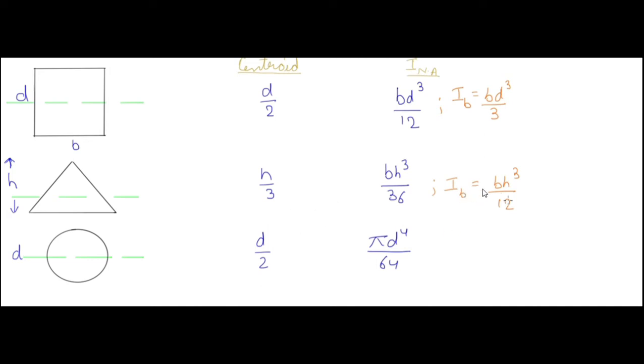Then we have the circular cross section. For a circular cross section, the centroid is at D by 2, in the middle. The neutral axis is also at the middle, and the area moment of inertia about this neutral axis is pi D to the fourth by 64, where D is the diameter.